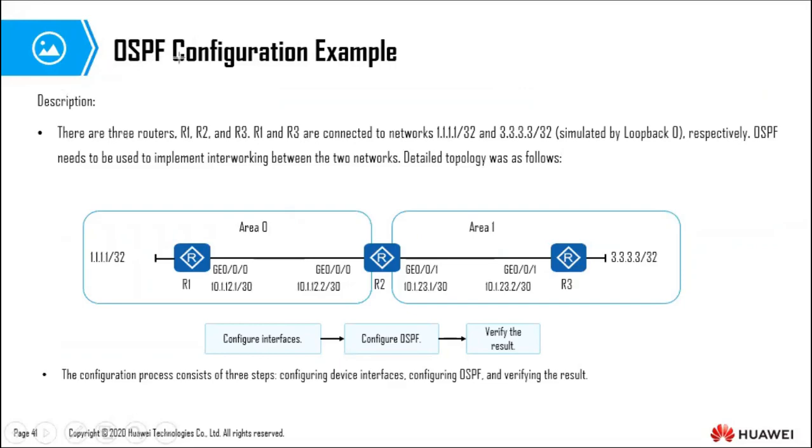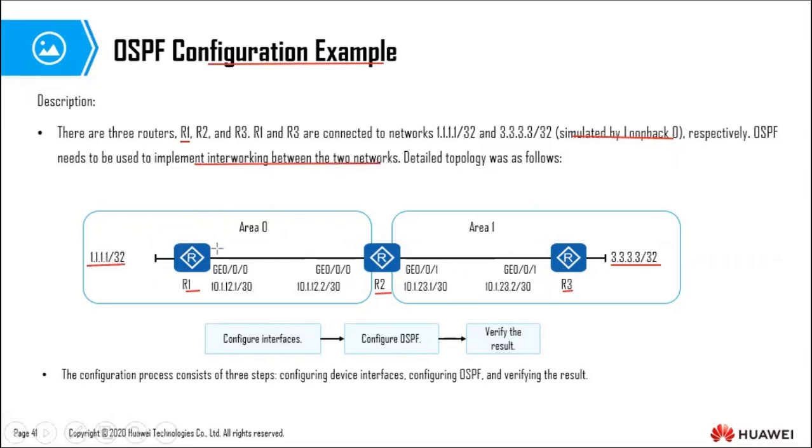So we have a configuration example for OSPF that we want to go through here together before we come back and do the lab. So the description is that we have 3 routers, R1, R2, and R3. They are connected to 2 different networks, which are going to be configured as loopback interfaces, simulated by loopback 0 on both of them. So we're going to create loopback 0 on both of them and give them this IP. So we want to use OSPF to implement internetworking between the 2 networks.